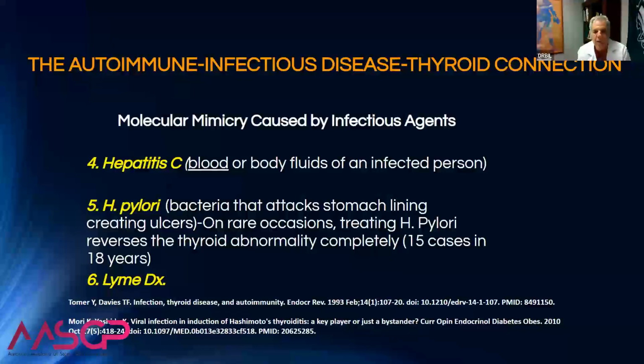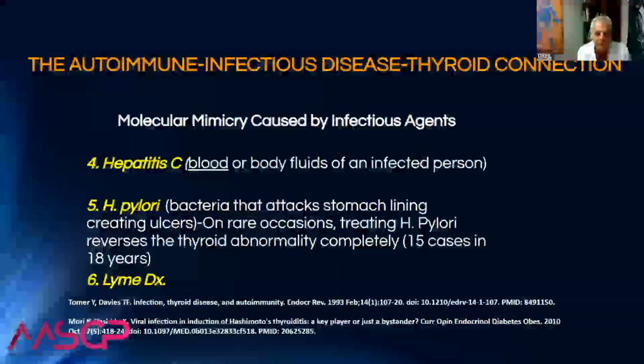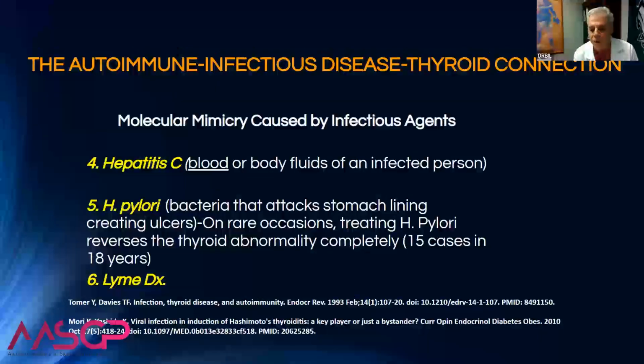Hepatitis C comes from blood and body fluids. H. pylori is a bacteria that attacks the stomach lining. We've had patients with even long-standing H. pylori that we've treated the medical model way with the triple antibiotics, and actually have had about 15 cases, not very many, but 15 cases where we treated the H. pylori and the thyroid immune system reverted back to normal, and they were off of all of the thyroid issues.